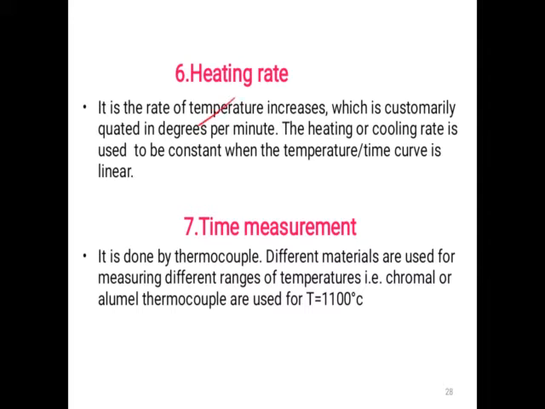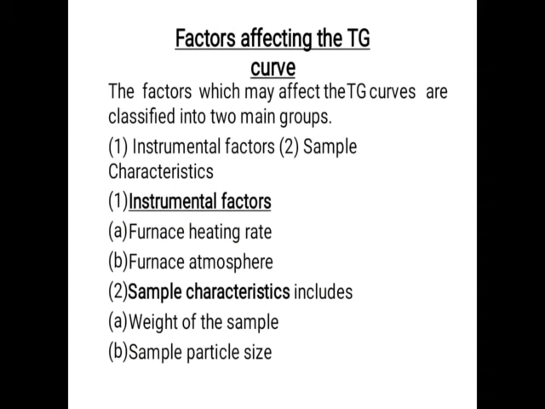The rate of temperature increase is quoted in degrees per minute. The heating or cooling rate should be controlled and maintained constant when the temperature-time curve is linear. And the temperature measurement is done by the thermocouple. Thermocouple is useful for the measurement of temperature.